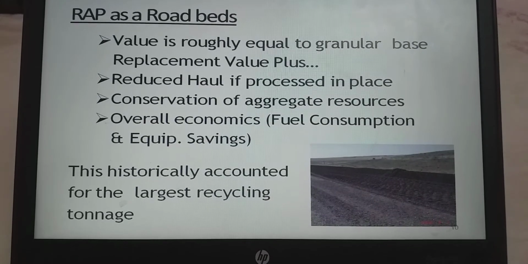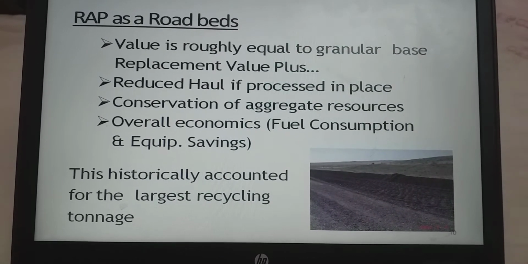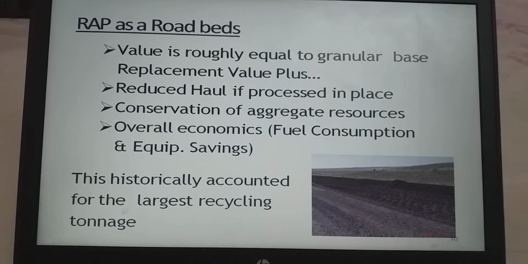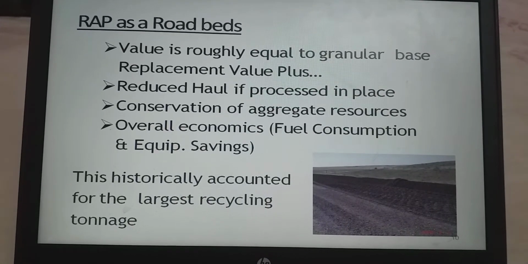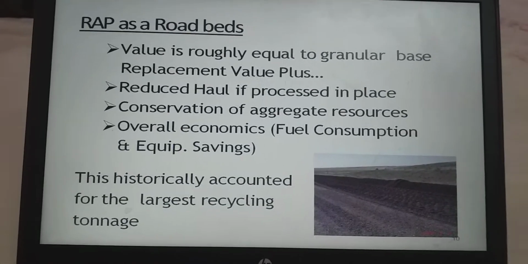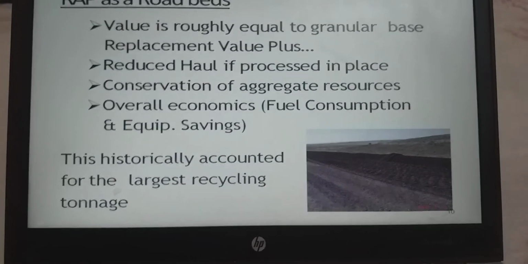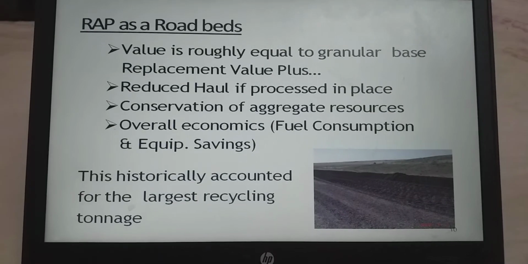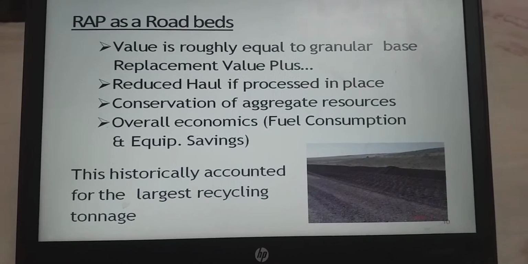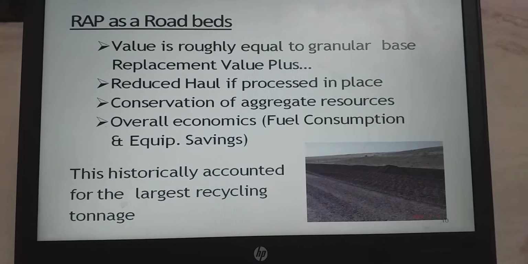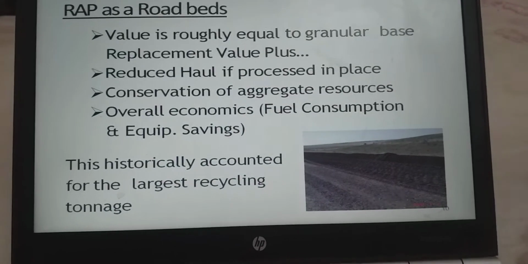Then we can reduce the haul if processed in place. Means if we process it where we have to construct the new road, then the hauling, meaning transportation cost, we can reduce. Then conservation of aggregate resources, means for the new road, whatever aggregates are required, we can use from the recycling, and that recycled aggregate we can conserve.